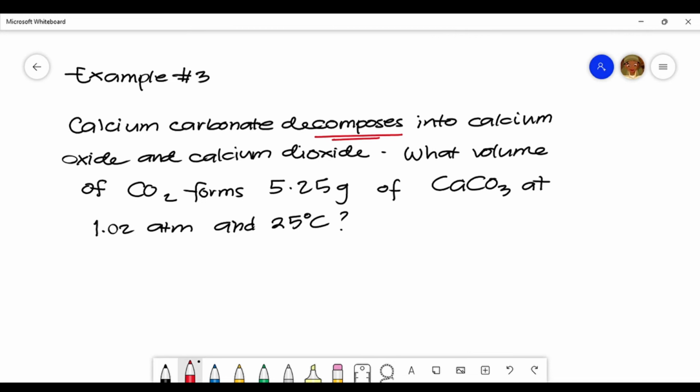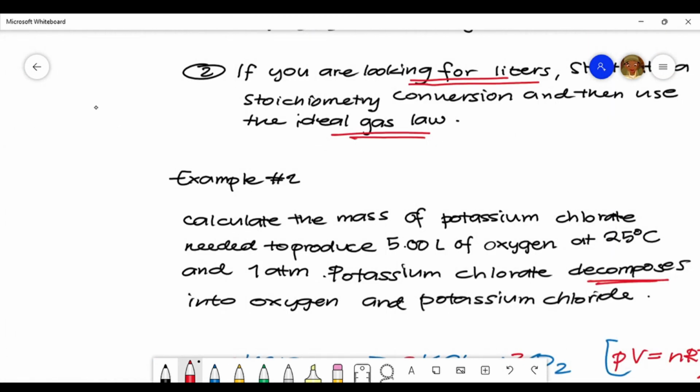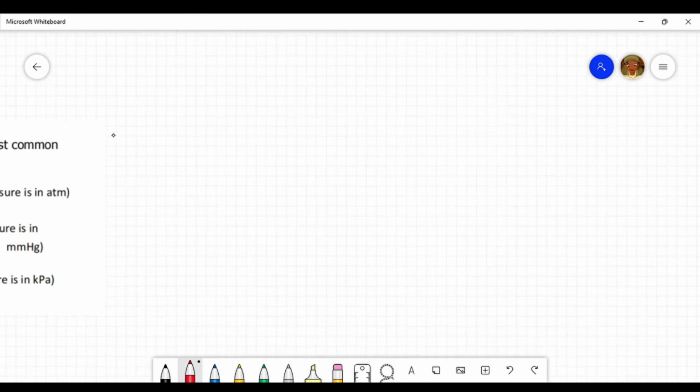So we are asked for the volume. The volume is not given. So our approach here would be as per the second note. If you're looking for the liters, and we are looking for the liters, start with the stoichiometric conversion, and then lastly use the ideal gas law, or the PV and RT.